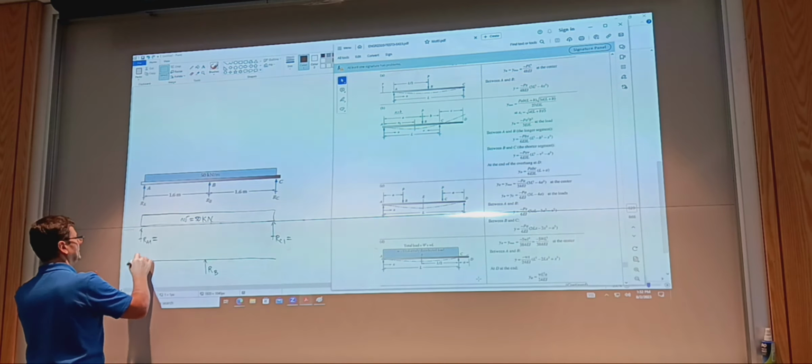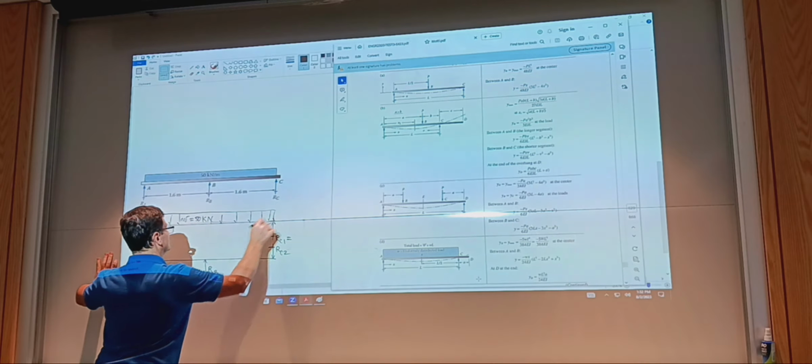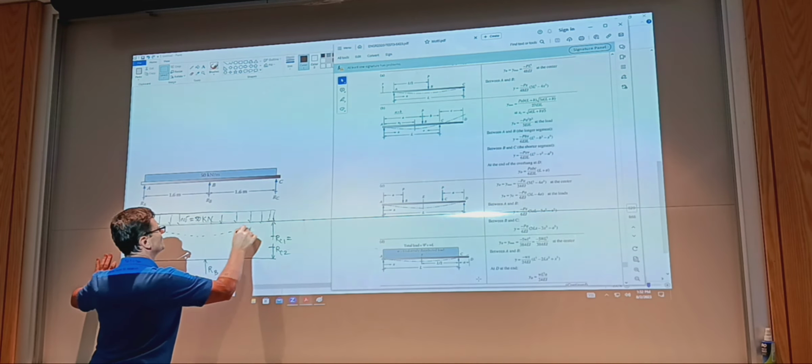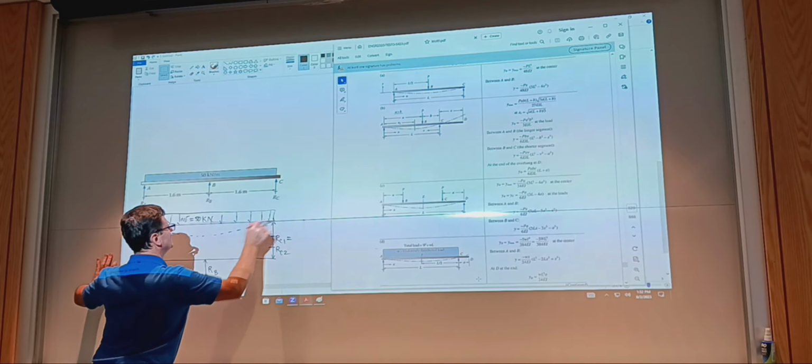But I'm setting the condition. Let me show the distributed load is pointing down. The deflected beam, just due to the distributed load, will be this. Under the effect of a force like this one, acting from below, I have this.